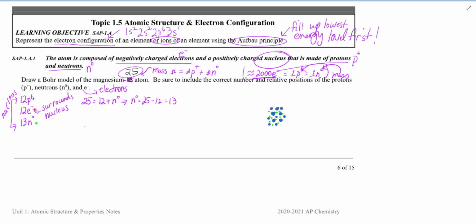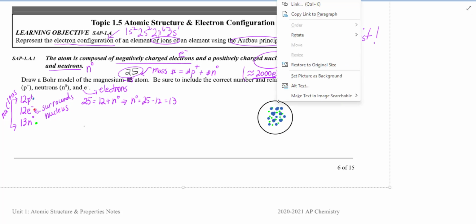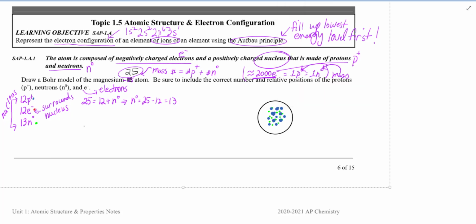Now the electrons orbit the nucleus, and we have our first energy level here where the electrons go. Then let's go ahead and draw our electrons. So that should not be that.